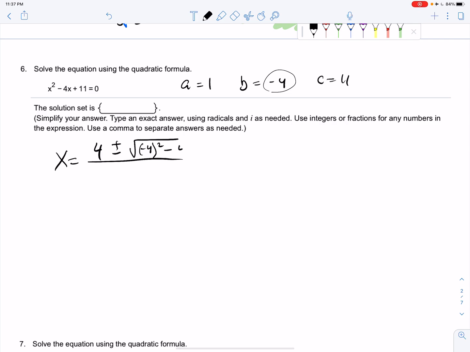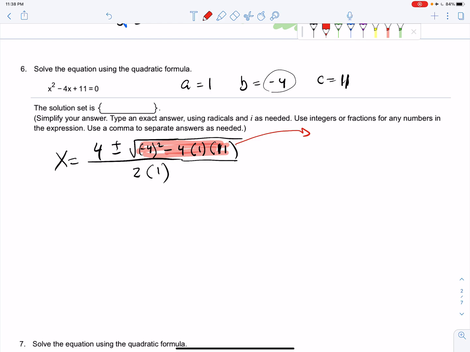And then it's -4 times A, which is 1, times C, which is 11. Couldn't read my own handwriting. 11. And I can't read this one. 11. There we go. Okay, so now down below, it's all over 2 times A, 2 times 1. Just like I've done every single time, I like people to get used to seeing this interior part as something that we can pull out, because that's part of the lesson, something called the discriminant.